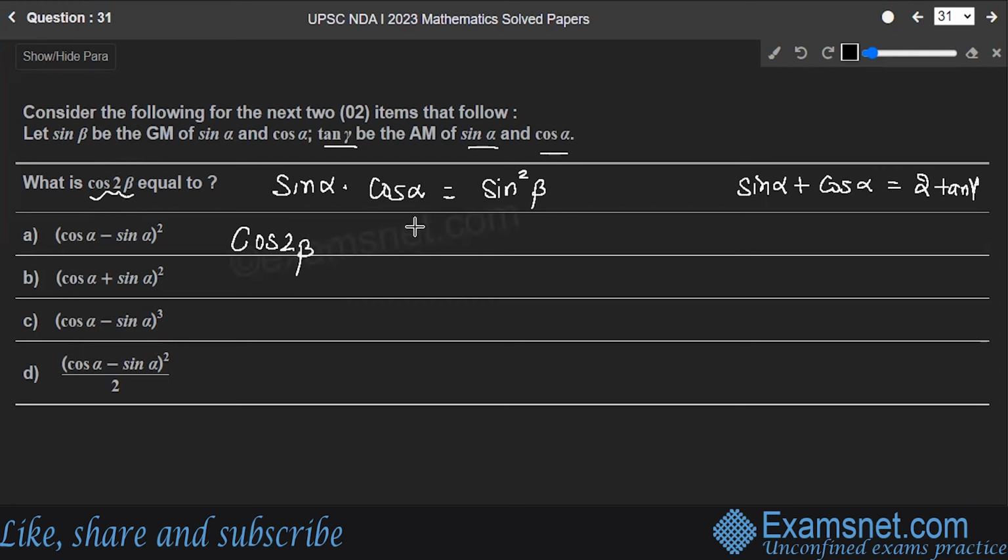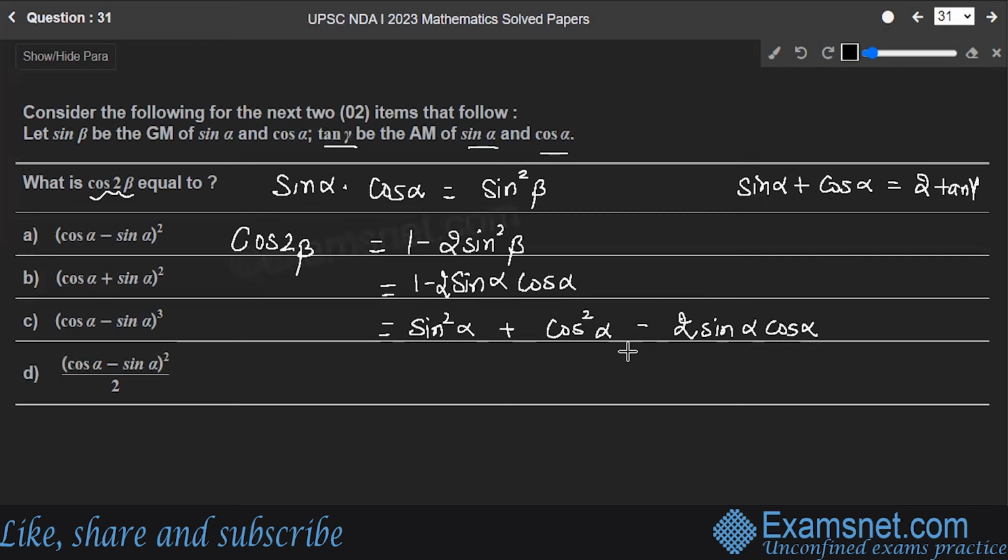So cos 2 beta can be written as 1 minus 2 sine square beta. Sine square beta is equal to sine alpha cos alpha. You know 1 is equal to sine square alpha plus cos square alpha. So sine square alpha plus cos square alpha minus 2 sine alpha cos alpha, which is actually equal to sine alpha minus cos alpha whole square.